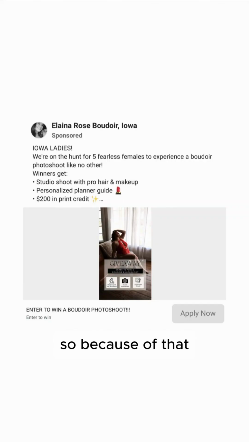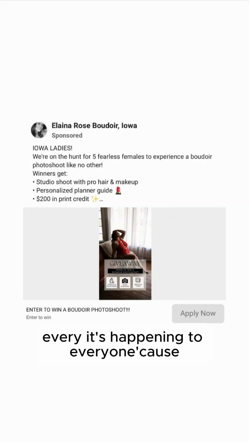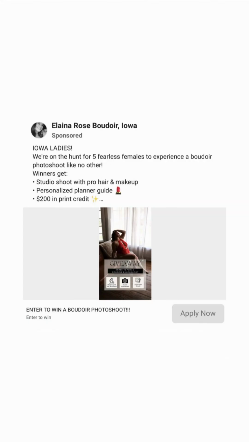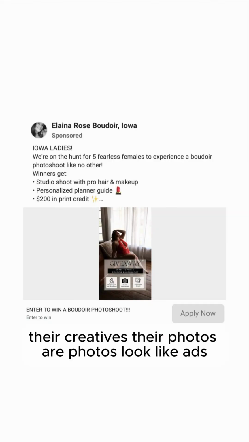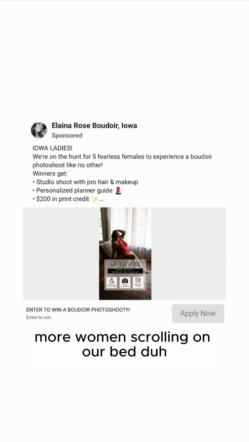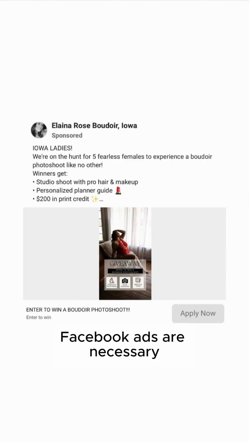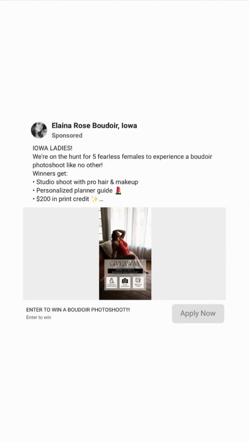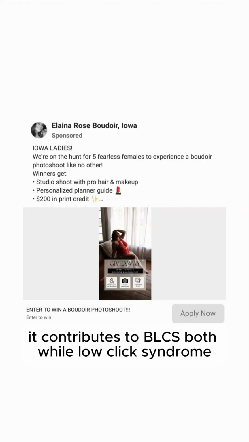So because of that, it's happening to everyone because everyone's making the same mistake: everyone's ads look like ads, or at least their creatives. Their photos look like ads. So the consequence of this is way more women scrolling by our boudoir Facebook ads than necessary. And this is pulling down our unique CTR, and when it's pulling down our unique CTR, it contributes to BLCS, boudoir low click syndrome.